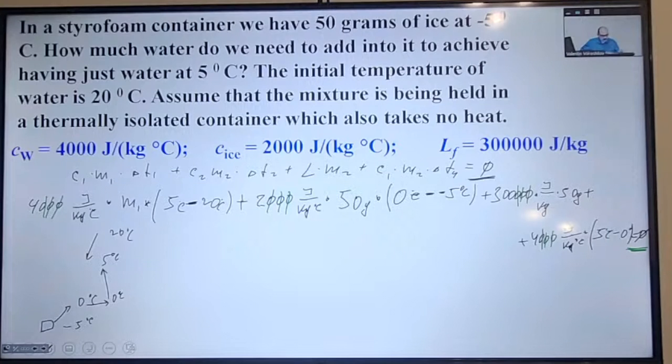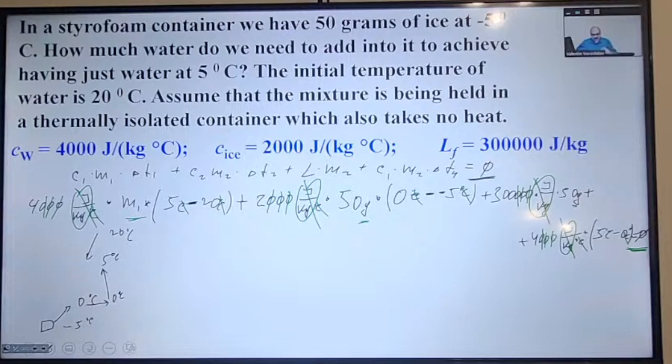I can cancel first degrees Celsius, and now I can cancel joule per kilogram. So the only unit left is grams, and that will be the unit of this unknown mass.